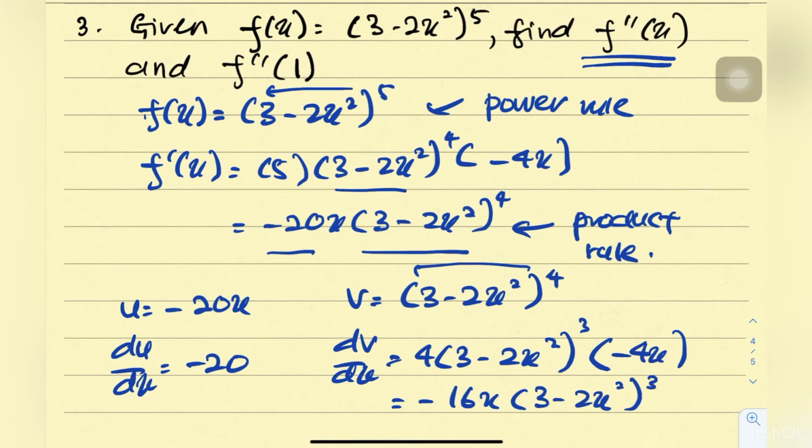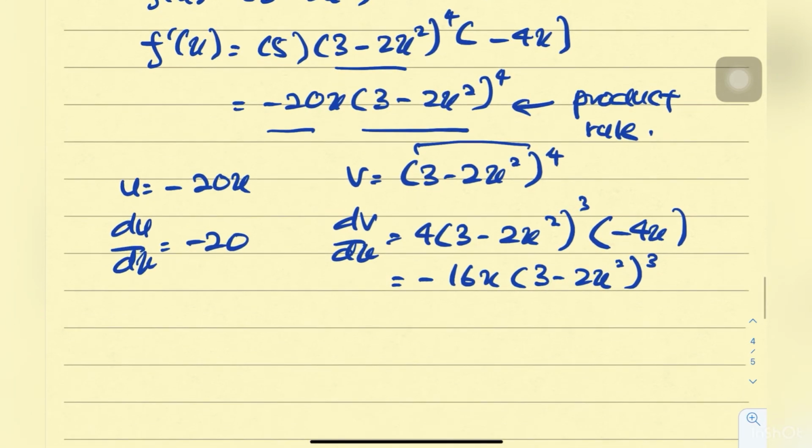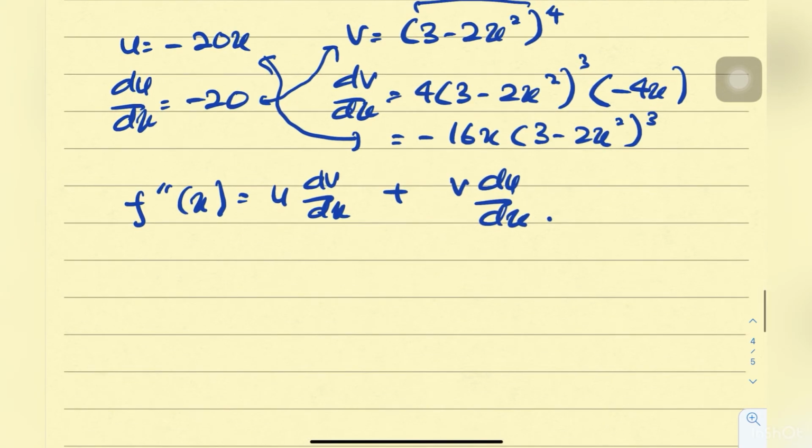To find d squared y over dx squared, or f double prime x, we have the formula: u dv/dx plus v du/dx. You just substitute into the formula.